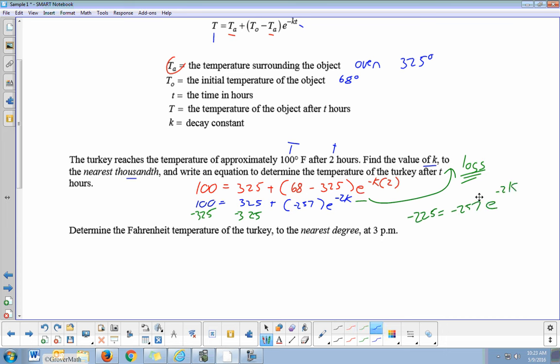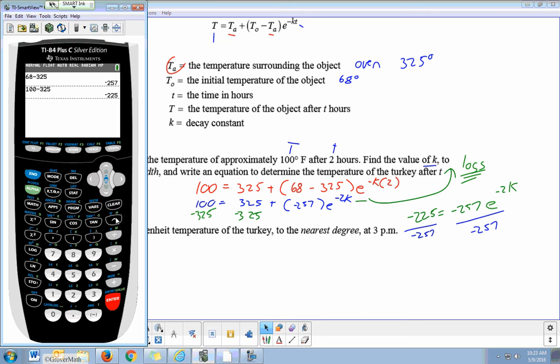It is not the base. If it was in parentheses with that e, then it would be the base. But it's not. So since it's a coefficient being multiplied by e, I can divide negative 257 on both sides to remove that. And this is where I'm going to start to get some pretty annoying numbers in my calculator. All right, and so we have a crazy long decimal here.